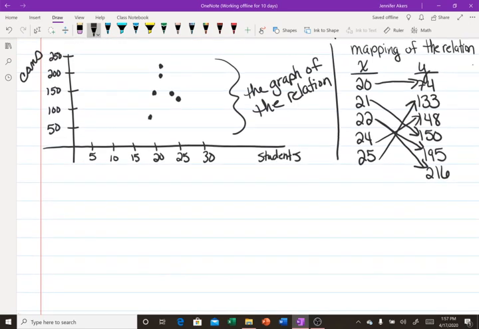And let's go into definition number 2. The domain.